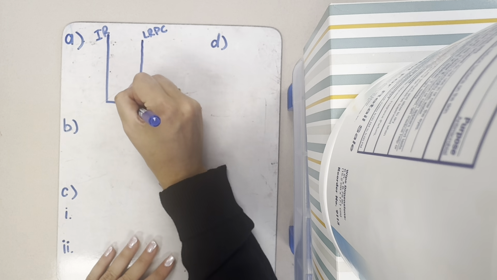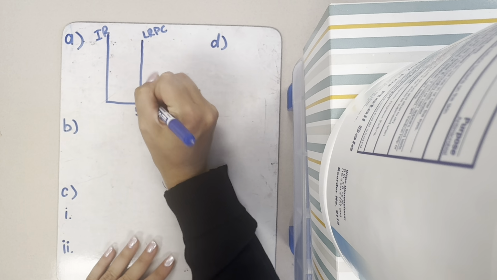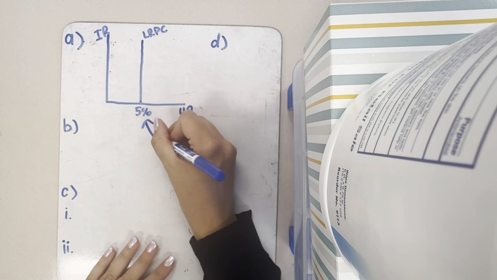Here Katie is drawing the long-run Phillips curve at 5%, which is the natural rate of unemployment.